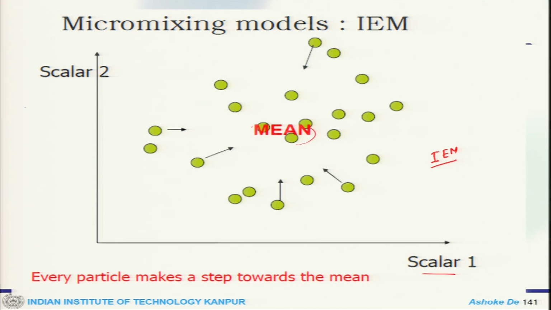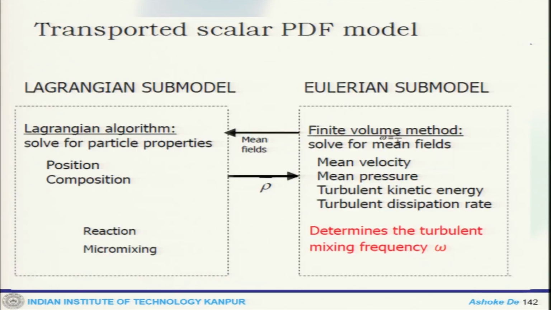This is how, in the context of the mixing phenomena, you can think about the particle behavior. Though their position is determined randomly through this Wiener process, and also by the effect of the mean and the other fluctuations, still at the mixing level they have a tendency to go towards the mean. This is how the IEM model captures this particle phenomenon.